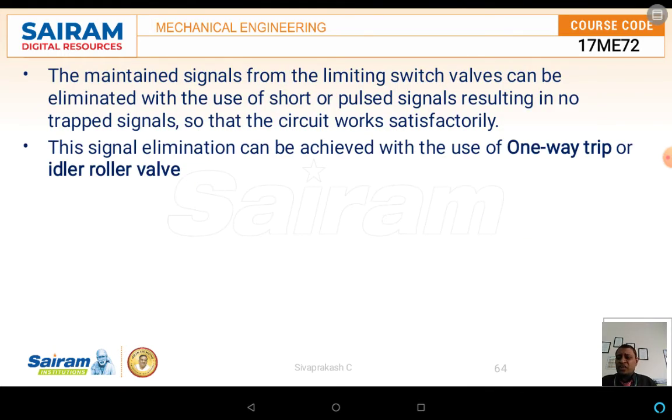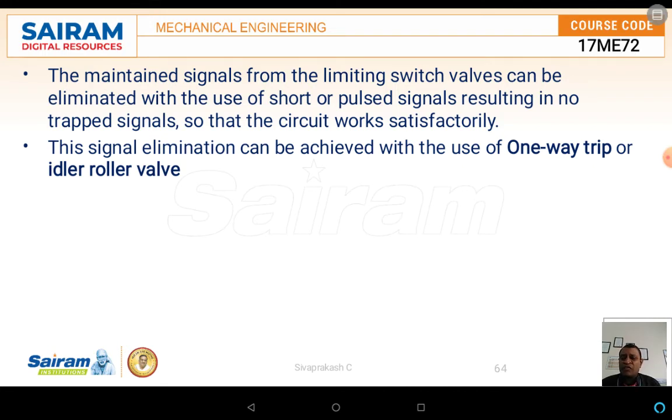But here in this case, once it works continuously, there will be two signals. One is the maintained signals from the limiting switches, which can be eliminated. The maintained signal is nothing but trapped air.